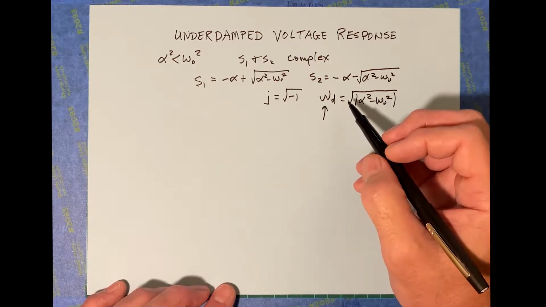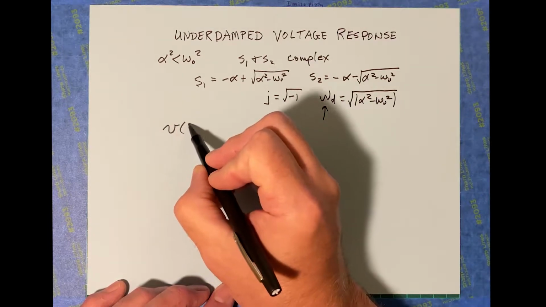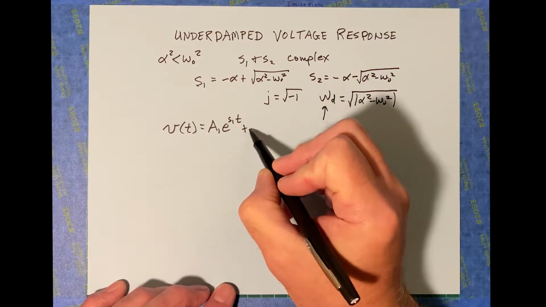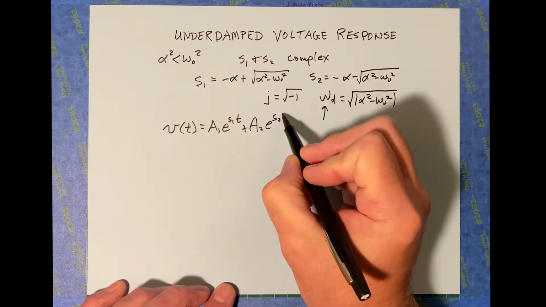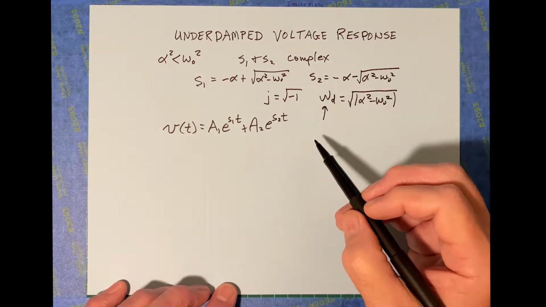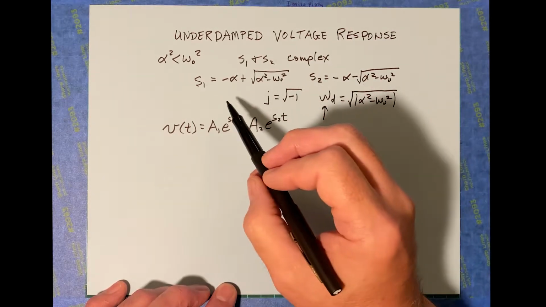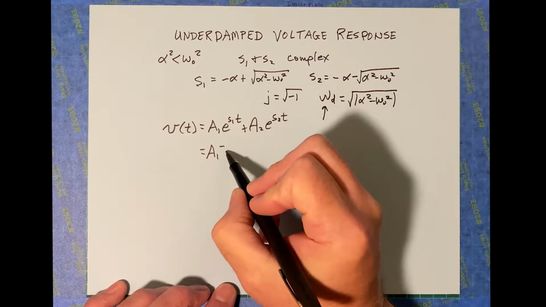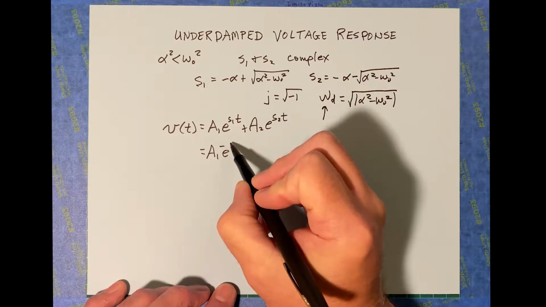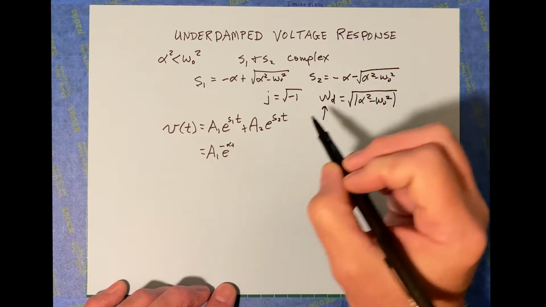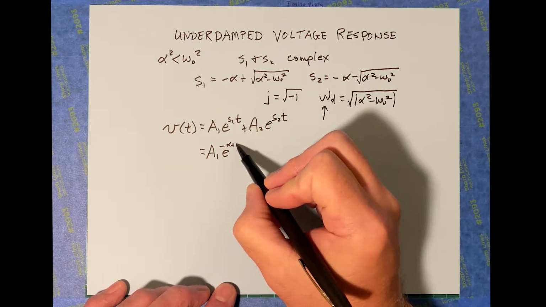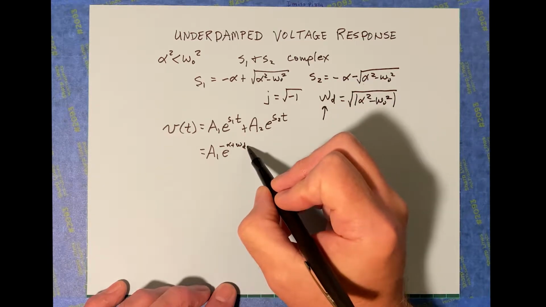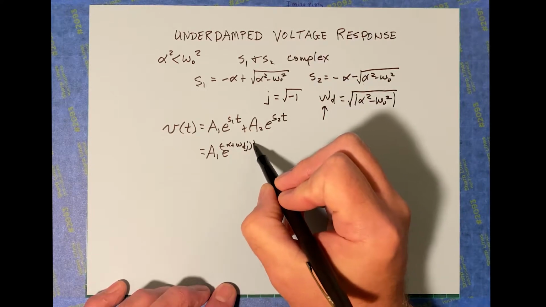Okay, so our general solution, you know, is v equals A1 e to the S1 t plus A2 e to the S2 t. And what we're going to do now is substitute in for our S1 and our S2. So this is going to be A1 e to the (minus alpha plus omega sub d j) t.